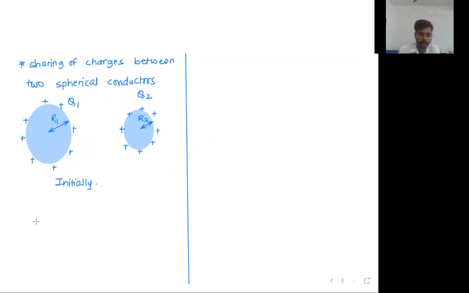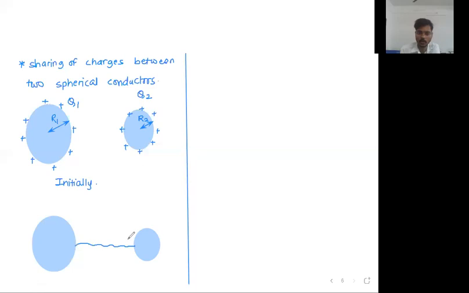This was the situation initially, and let's say the final situation is like this when you just connect these two conductors. Now we connect these two conductors by means of a metallic wire. The charge will get redistributed.